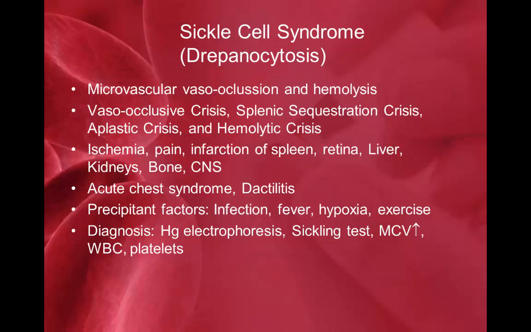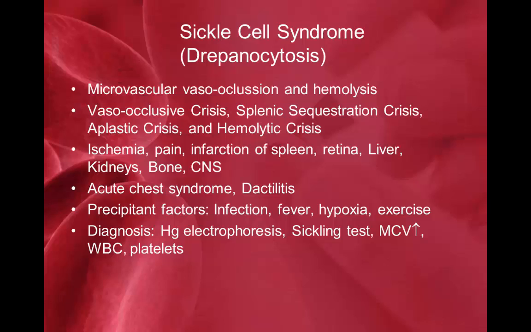The precipitant factors that you must correct, and you must have this in mind for your test and clinical practices, the most common is dehydration. So you must hydrate the patient very well in order to avoid sickling. Think about infections, so you could basically do CBCs and cultures and treat the patient empirically, to avoid infection or treat infection, because it could continue triggering sickling.